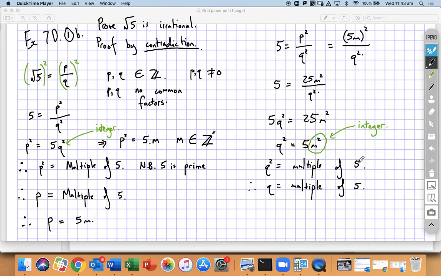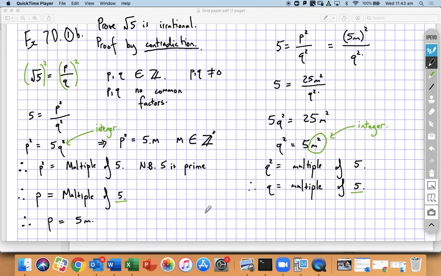We originally set this up so that P and Q were irreducible. The fraction, the rational number, is already in its simplest form, right? We defined that at the start. We said they had no common factors, but we've got to this point now where we're saying Q has this factor of 5, and P also is a multiple of 5, and that can't be.